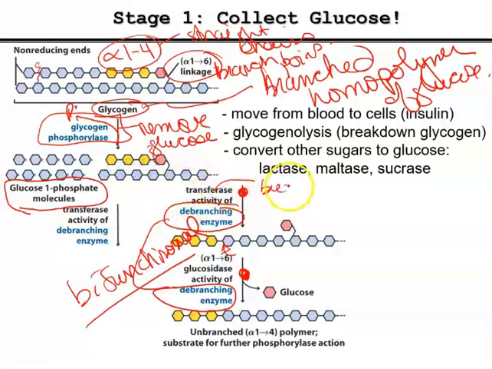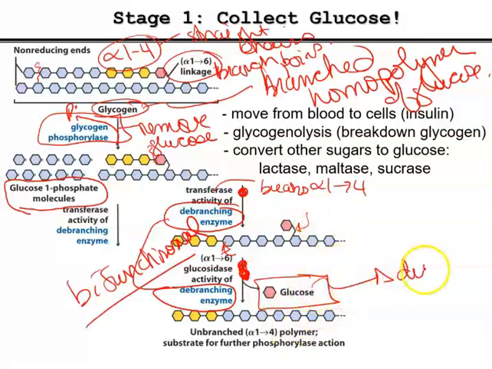Transferase activity breaks the alpha 1,4 linkage, and then we're going to transfer these 3 glucose residues to the end of a main chain. And then we have the glucosidase activity of the debranching enzyme, and the glucosidase activity breaks the alpha 1,6 linkage right here, and this is a hydrolysis reaction. So we've liberated glucose in the process, which can go directly to glycolysis.